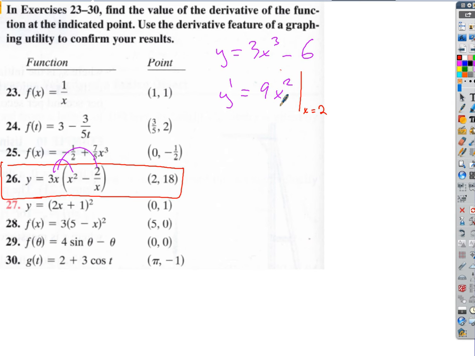In about 2 weeks, maybe a little less, we'll deal with some examples where we get x's and y's mixed up in our answer. But we're not there yet. So what's our answer going to be for this then? y prime equals, what am I going to get? 36. 36 when x equals 2. Okay, makes sense?